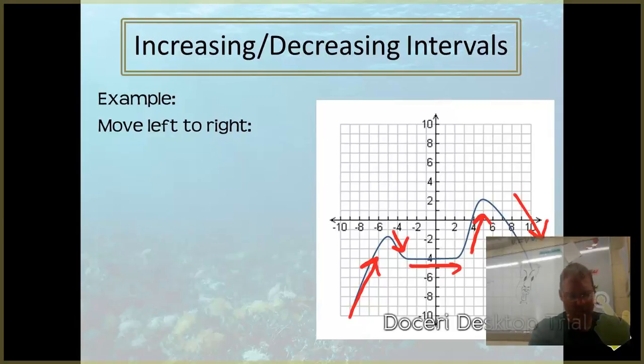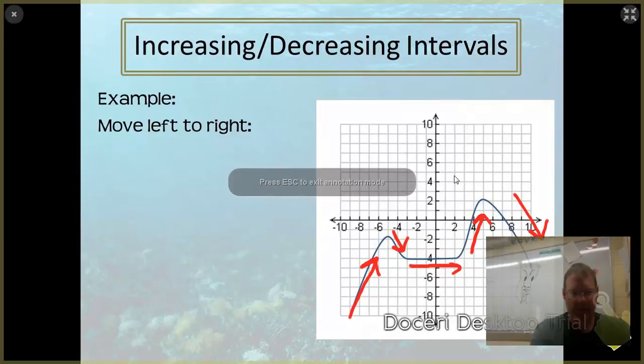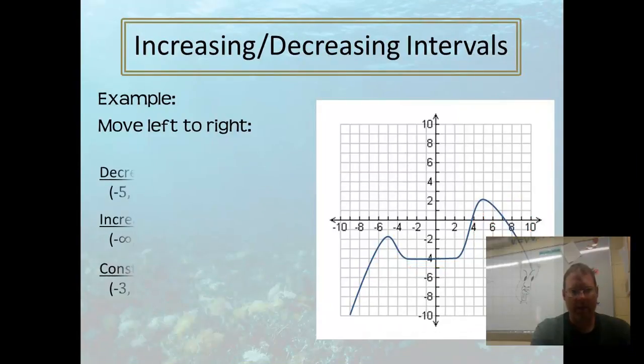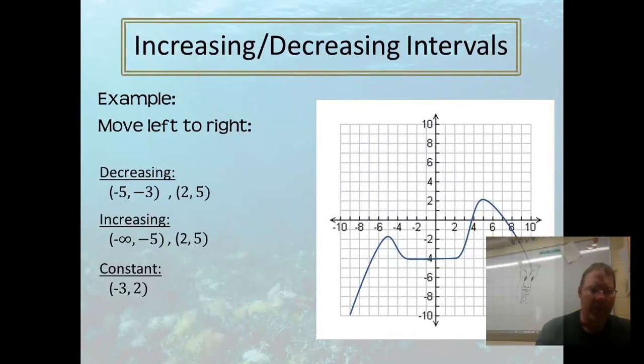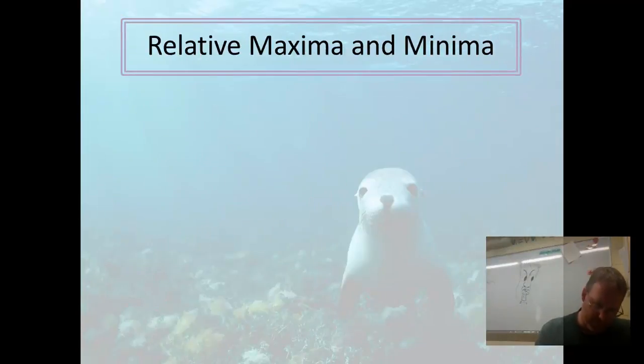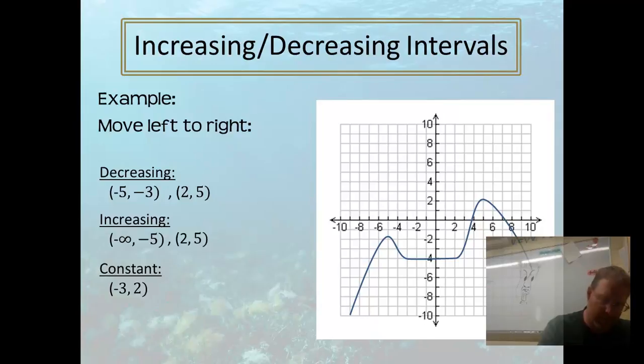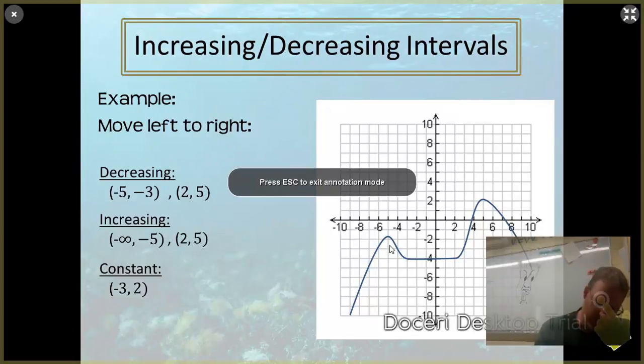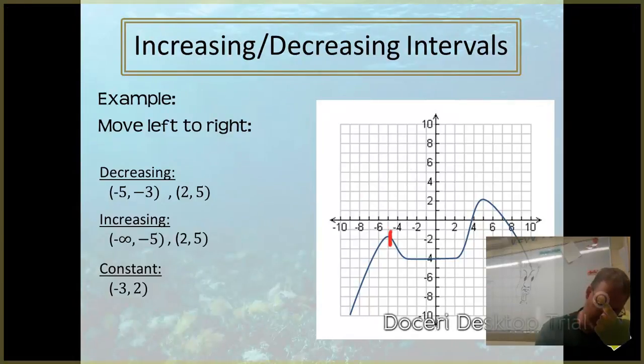I would write that as such. Decreasing from -5 to -3. That's right there.